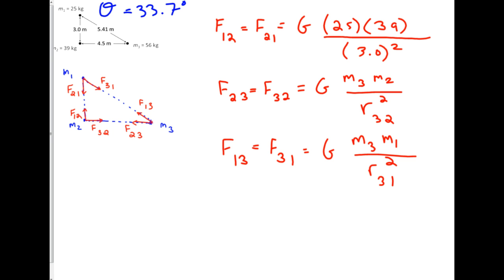I'll go ahead and calculate this out along with G. So I do G times 25 times 39 over 3 squared, and I get 7.229 times 10 to the negative 9 newtons.